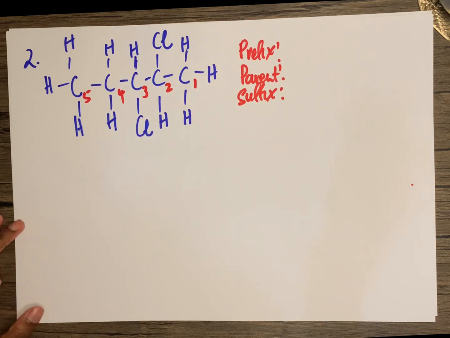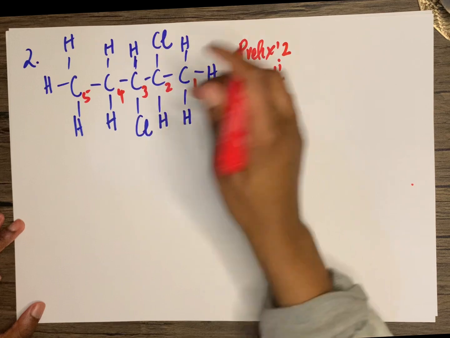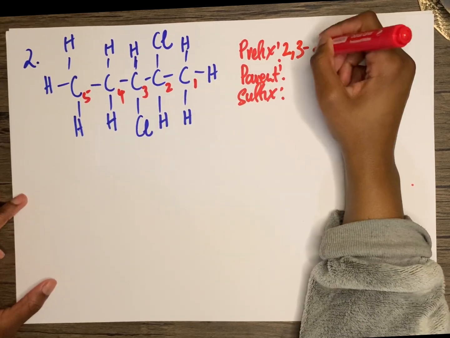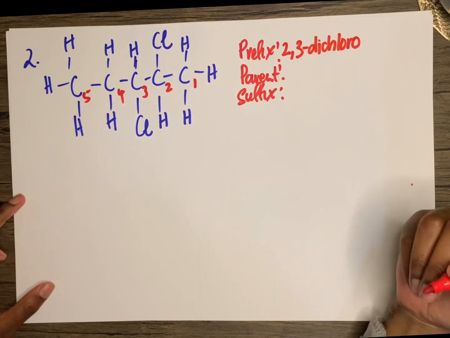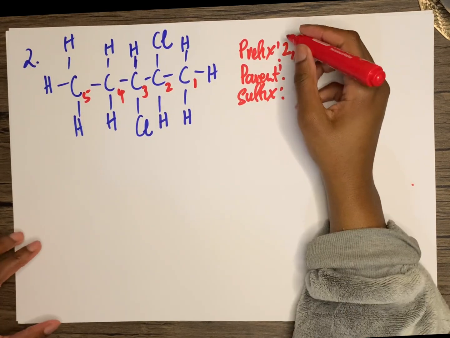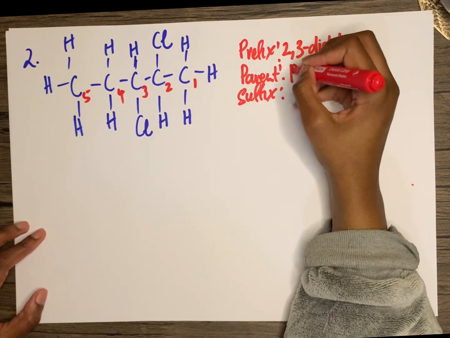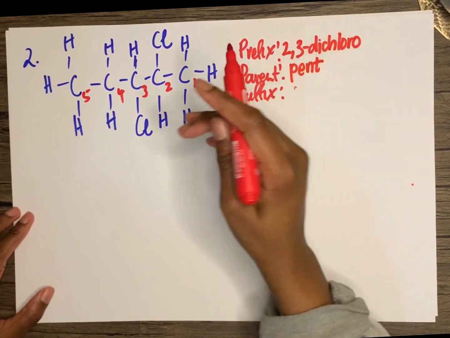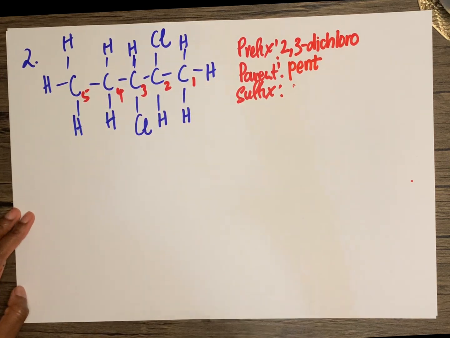So if I'm naming this one, the prefix would be, there's a chlorine in position 2, there's another one in position 3, right? And then it's going to be dichloro. Di means there's 2 of them in the compound. And then the parent has 1, 2, 3, 4, 5, which means it's pent. And the suffix is based on the functional group, single bonds only between adjacent carbon atoms.